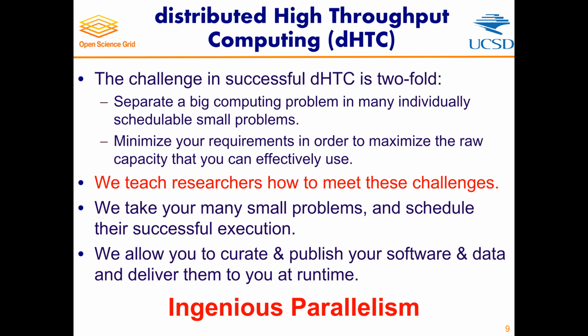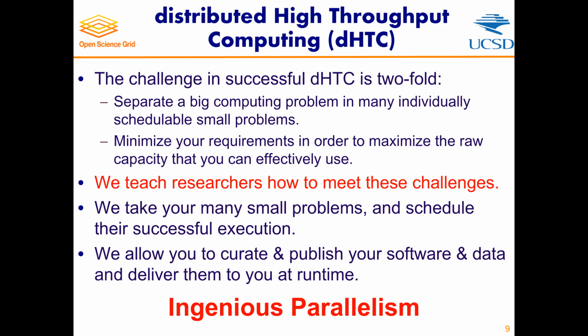The second challenge is that if you want to be successful in a distributed high throughput computing environment of the kind that OSG provides, then you want to minimize the requirements in order to maximize the raw capacity that you can effectively use. What's behind this is that our basic fundamental principle is truth in advertising and then matching advertisements to each other.